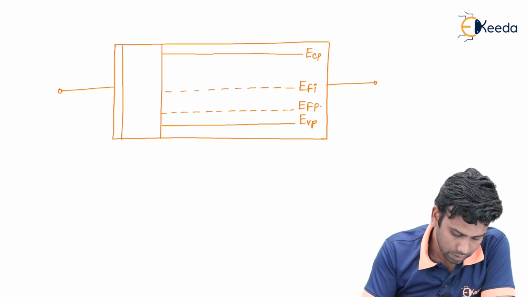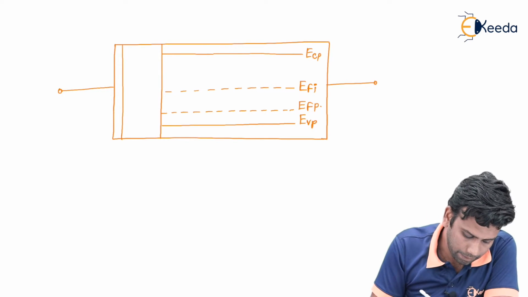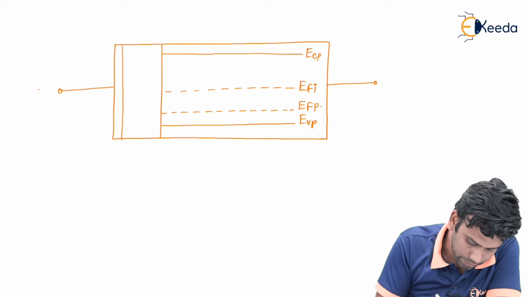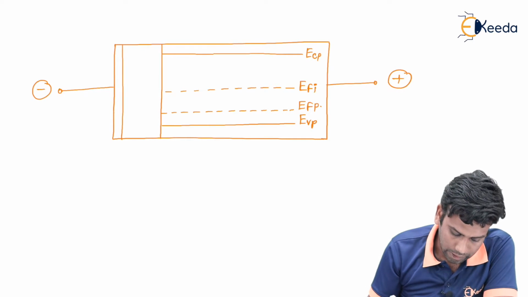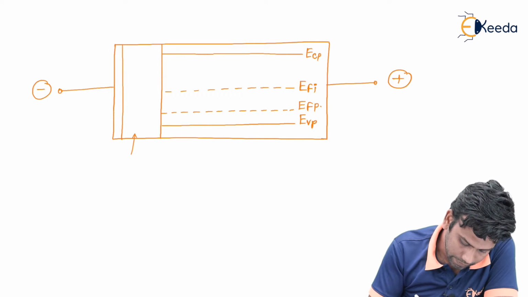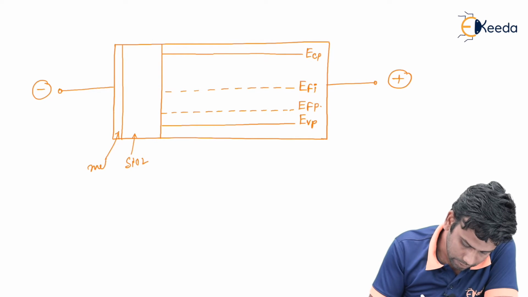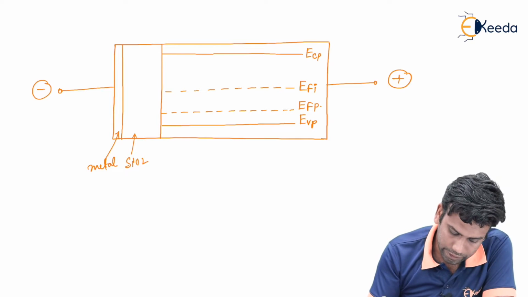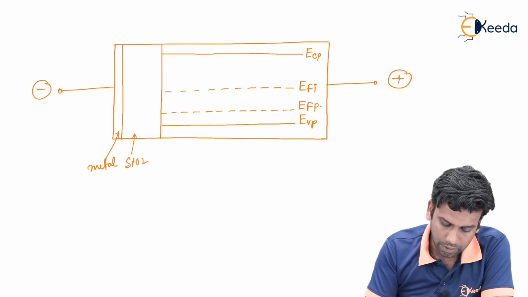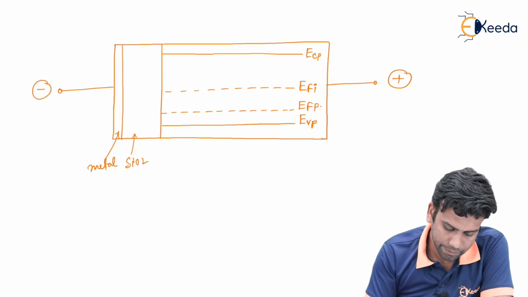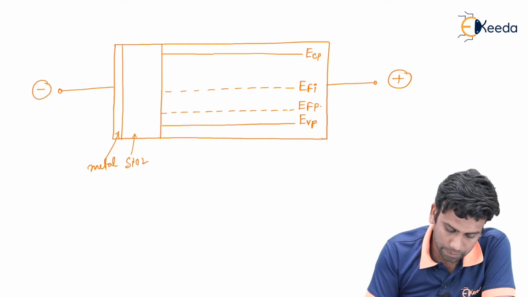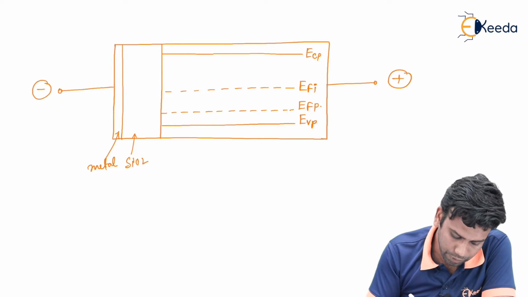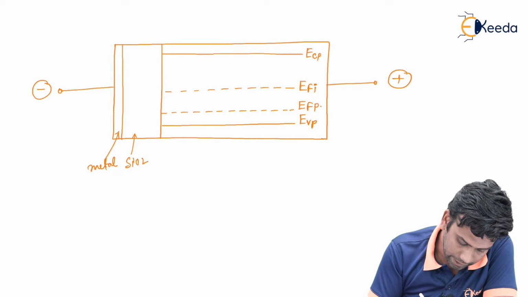So this was the band diagram before the application of the external potential. Now let us apply a potential of negative here and positive here, and this is the SiO2 and this is metal and this is the p-type semiconductor. Now since we have applied an external potential in this pattern, some holes will be accumulated near the interface.